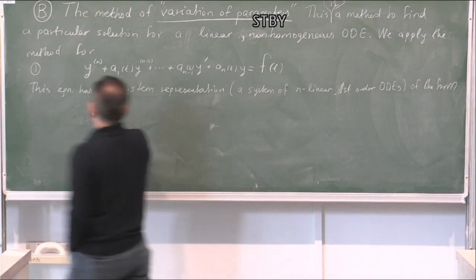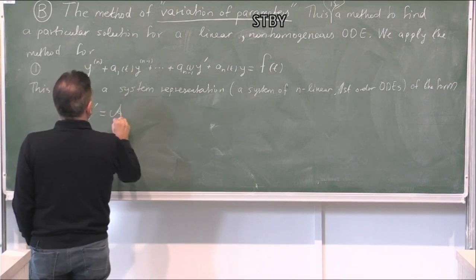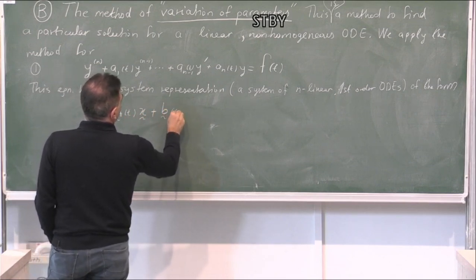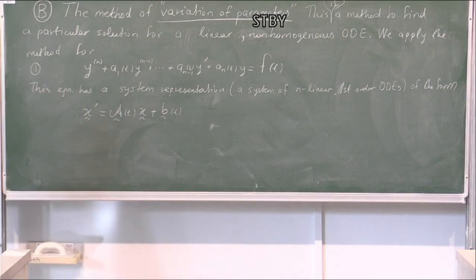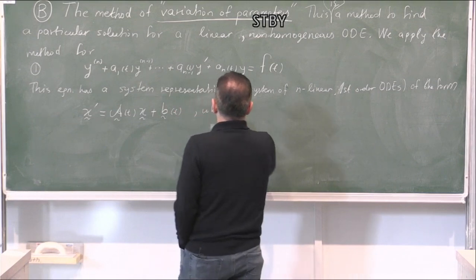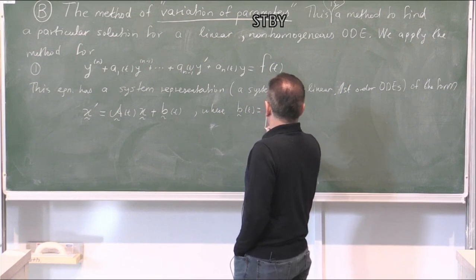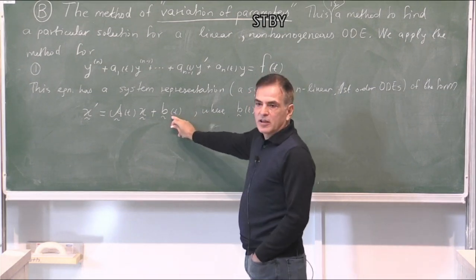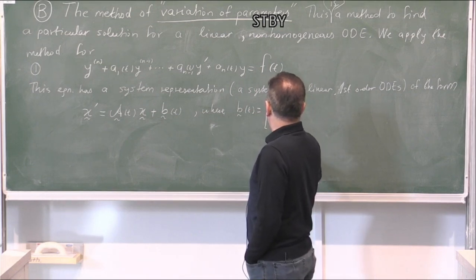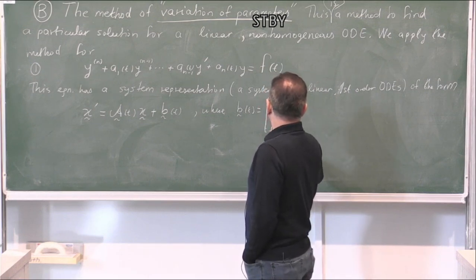Look, x prime is Ax plus b of t. Good. Where b of t is a vector function representing the non-homogeneity term, which has all zeros except the last one, and the last one is f of t.